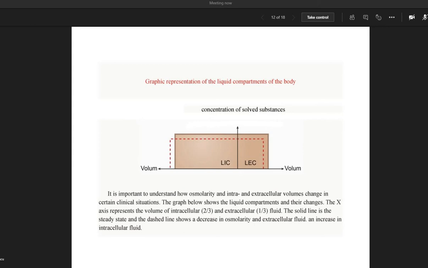For instance, in our example, the intracellular volume increased, because you see that the red dotted line is outside the first one, but the osmolarity decreased a little bit. And what happened with the extracellular compartment? We can say that its volume decreased and also its osmolarity decreased.